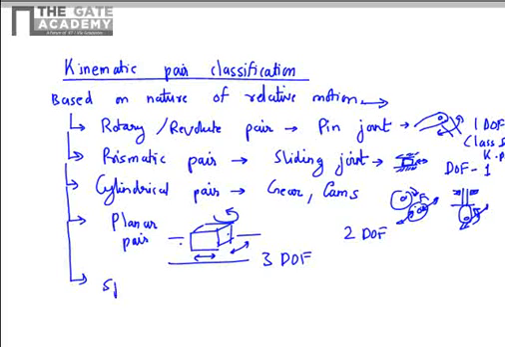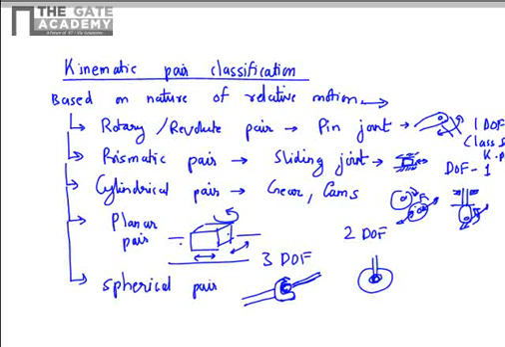Also we have a spherical pair. The spherical pair is a special example. We don't know whether you are aware of it, but there is a joint called a knuckle joint. Here there is a spherical surface, almost spherical.